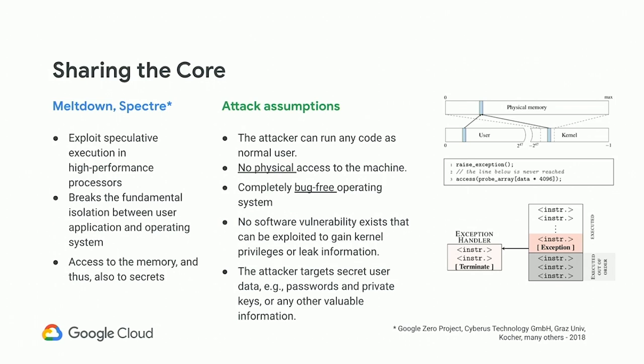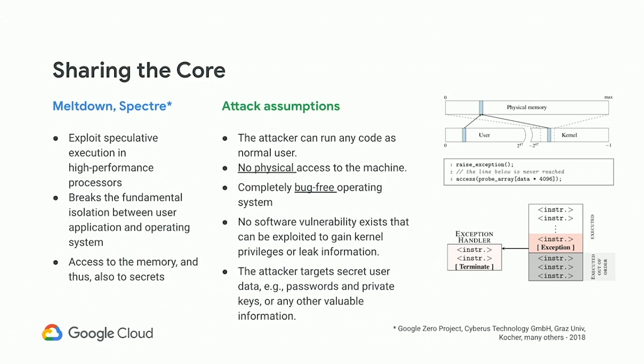So what is really important with this attack is the assumptions they had. They assumed that they had no physical access to the system, so this is something that you can do entirely remotely. They were assuming that they had no weakness in the operating system, so there's no bug to leverage, and no software vulnerability in the system to exploit either.